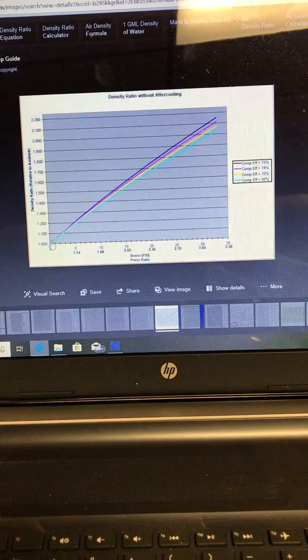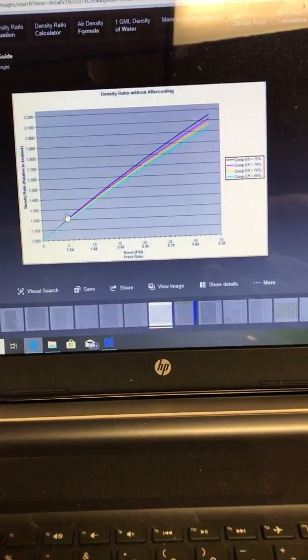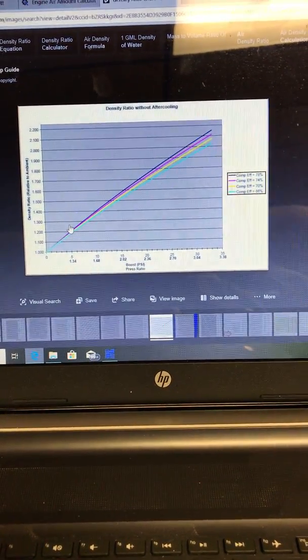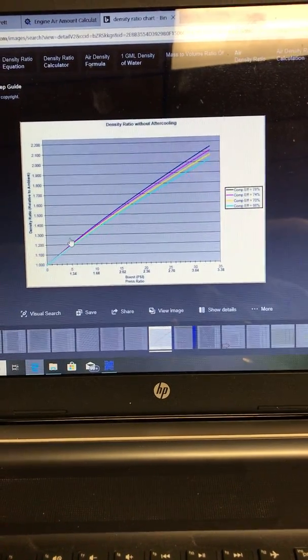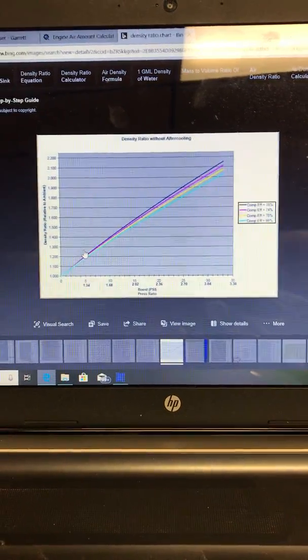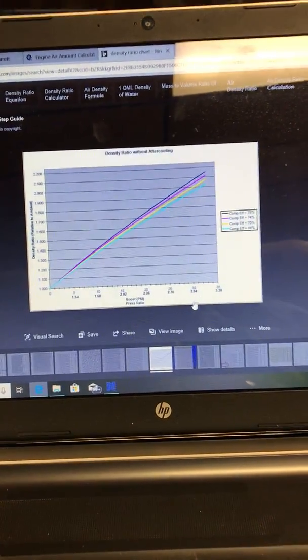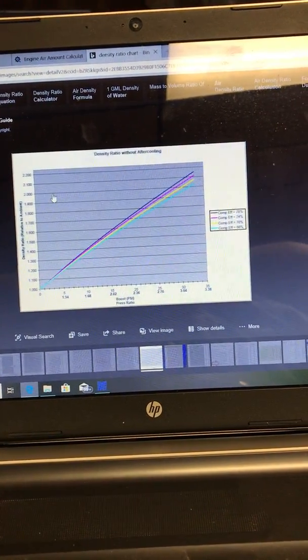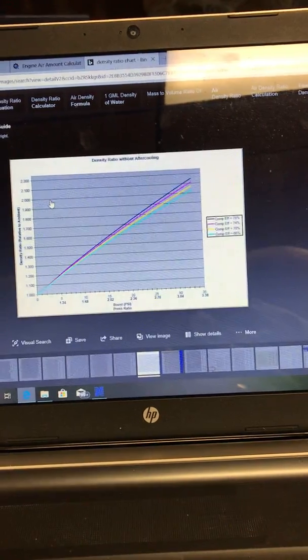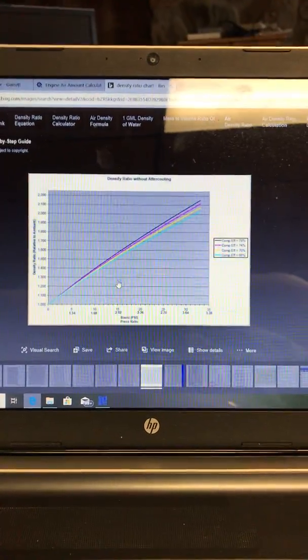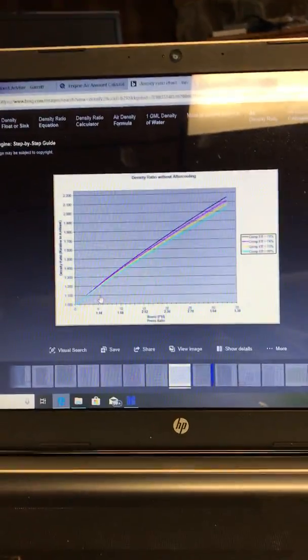In all honesty, an ice water intercooler, which will take 350 degree compressor discharge air back down to ambient temperature, gets you to 100%. At that point, your pressure ratio is the same as your density ratio.